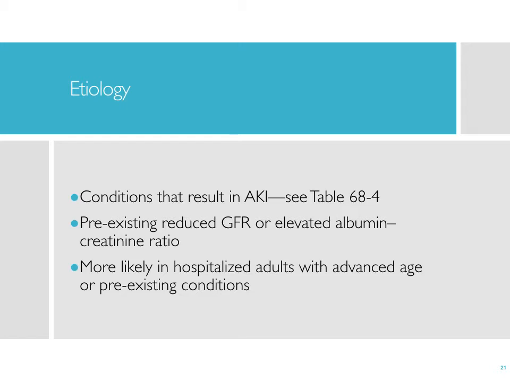And it's more likely to occur in hospitalized adults with advanced age, or who have pre-existing conditions like hypertension, diabetes, peripheral vascular disease, liver disease, or chronic kidney disease. So you can have chronic kidney disease, and then have something happen, and acute kidney injury will happen as well. So you can have a combination of both of them.